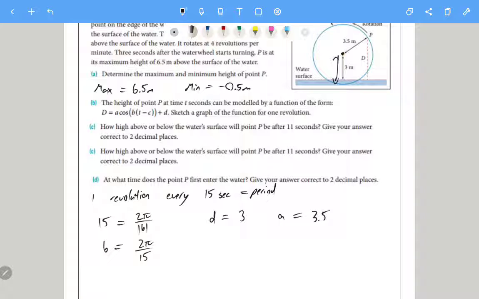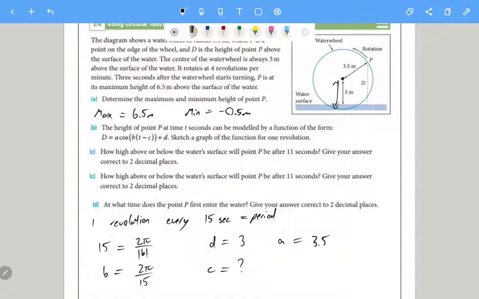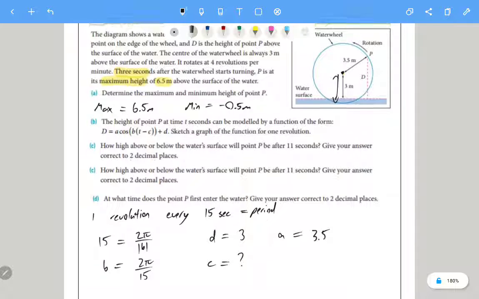So the only interesting point to work out is c. What is the phase shift? c is the interesting one. And so to solve for c, we're actually going to need to do a little bit of work. It says 3 seconds after the water wheel starts turning, P is at its maximum height of 6.5 meters above the surface level.